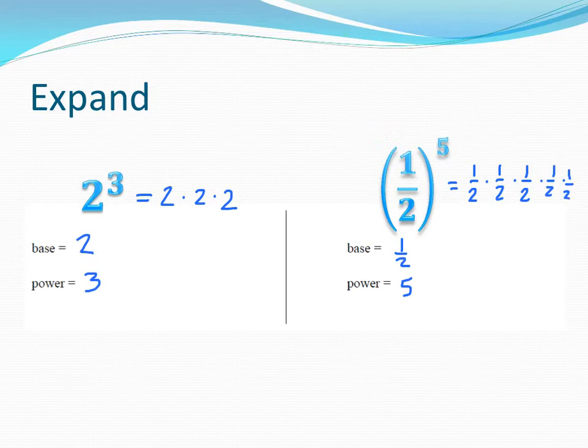So this would be 1/2 times 1/2 times 1/2 times 1/2 times 1/2. 1/2 times itself 5 times. So when we expand, we need to understand first what our base and our exponent are, and then be able to draw from there.